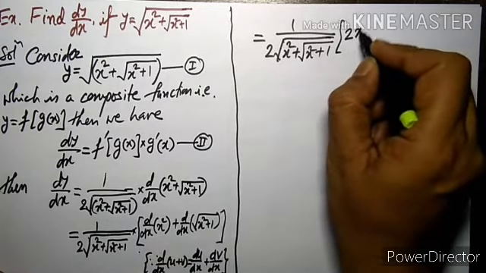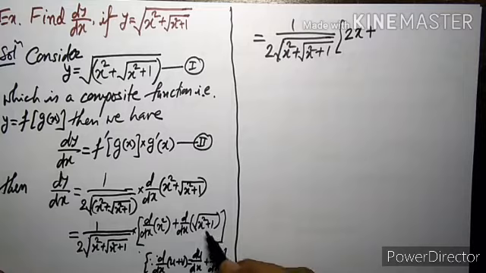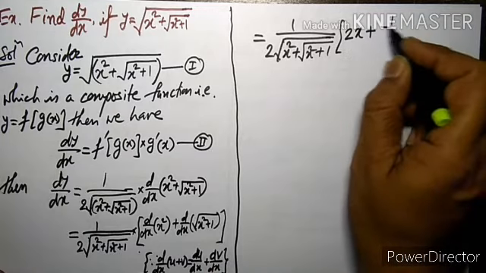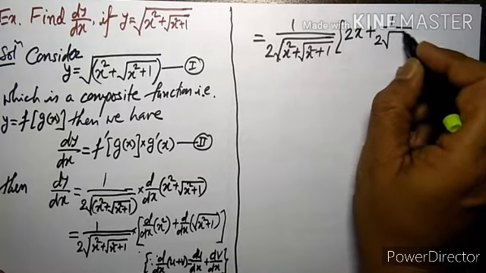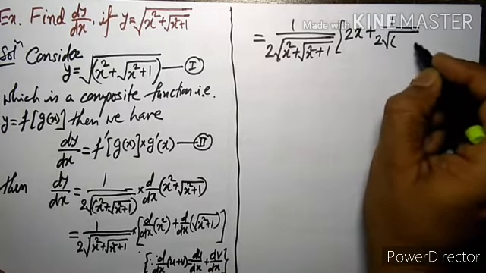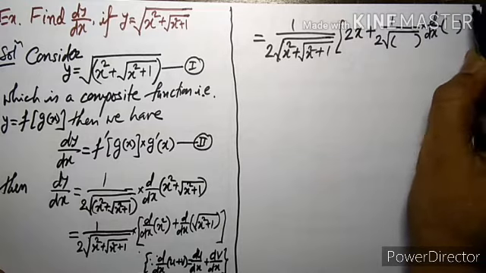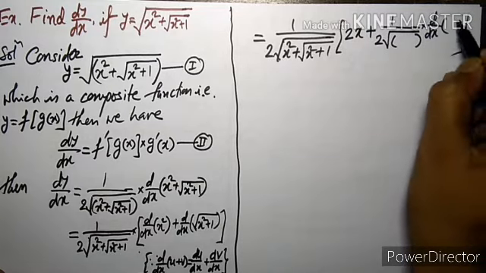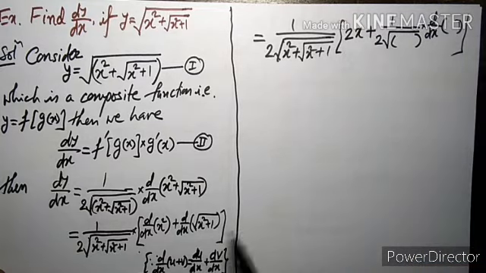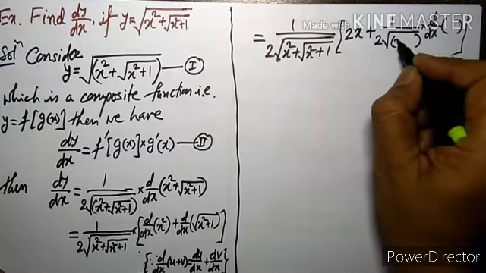This is composite. So once again we have used the same formula. So here root of x square plus 1 is inner function and outer function is a root. So we have to go for 1 upon 2 root, I will write the bracket here, into d by dx of bracket. And what is inside the bracket? It is the inner function x square plus 1.